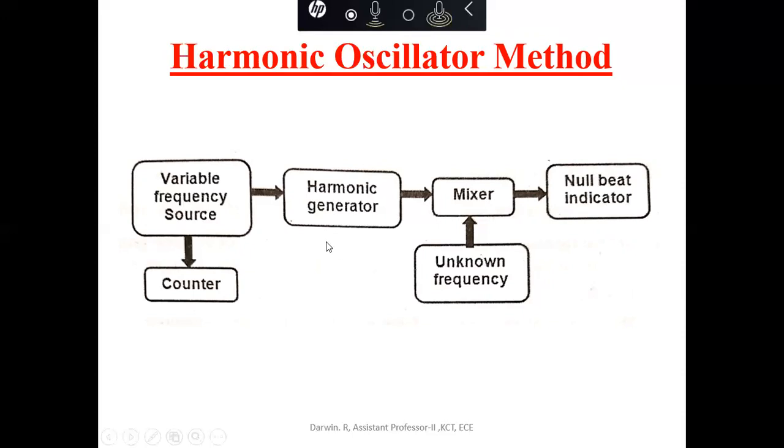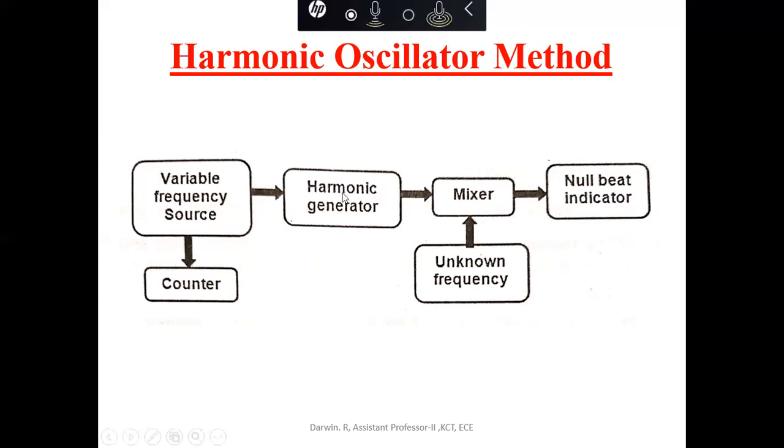So what we are going to do is find the unknown frequency generated by this unknown device. We have a variable frequency source, which is a known source. The frequency of the signal generated by this variable source is known to us, and it is directly connected to the harmonic generator, whose output is known.